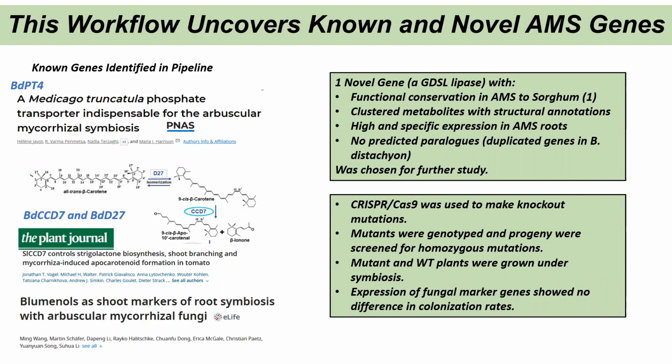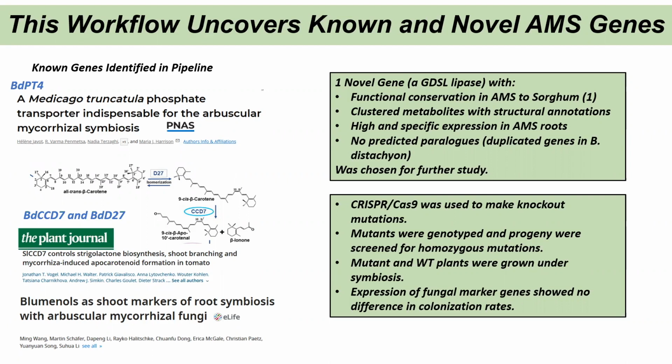We used the BPI transformation facility to make CRISPR-Cas9 knockout mutations for this gene. And then I screened and genotyped the progeny for selecting homozygous T1 lines. And then we grew mutant and wild type plants under symbiosis in order to determine if there was any difference in colonization rates between these two genotypes.